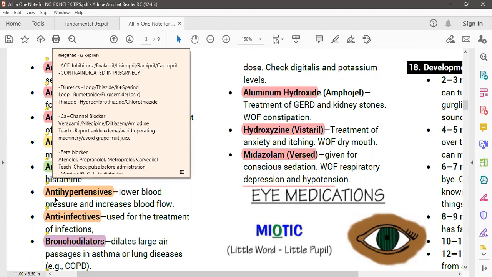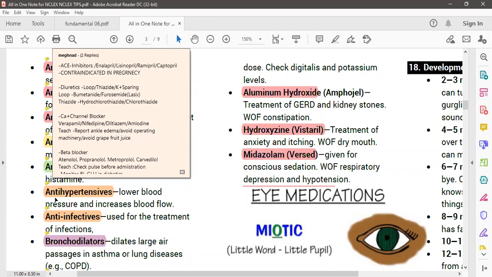Other antihypertensives are beta blockers, or beta adrenergic blockers. Beta blockers are used for management of hypertension, angina pectoris, or congestive heart failure. Also, beta blockers are used for myocardial infarction prevention.